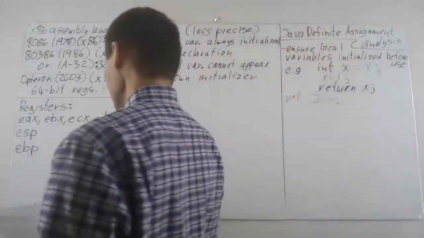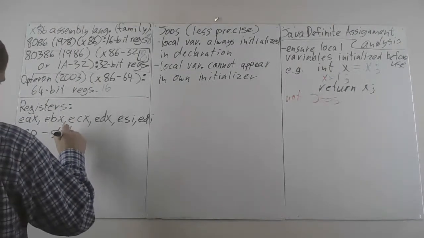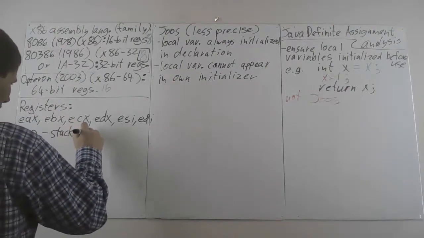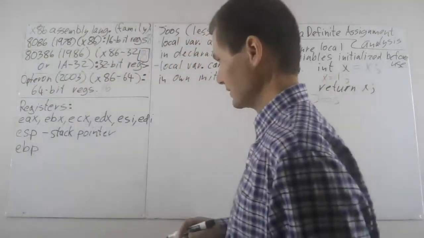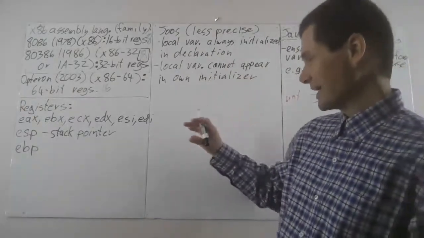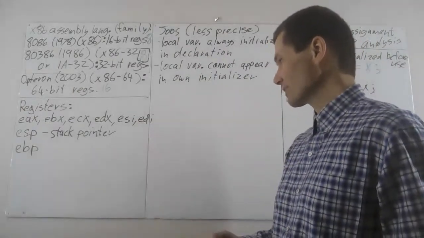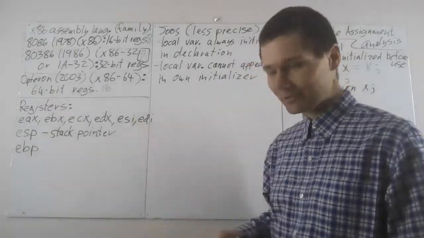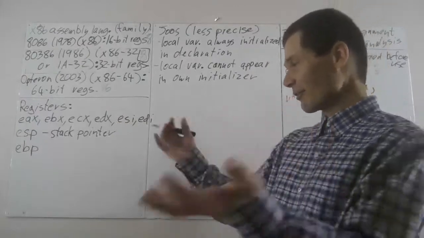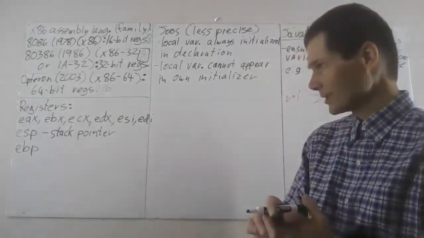In practice, ESP is almost always the stack pointer, so the address of the top of your stack in memory. You kind of have to use it as the stack pointer. I guess in theory you don't, but I think you'd be crazy to repurpose it as a general purpose register.